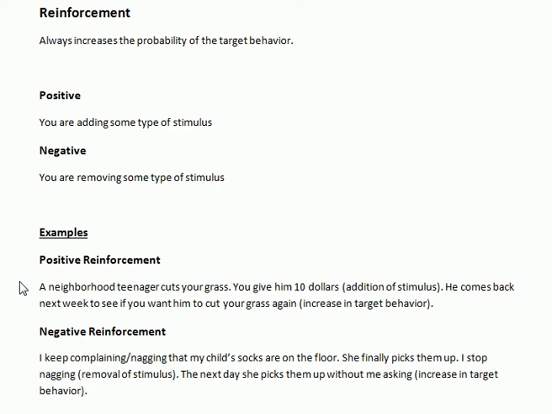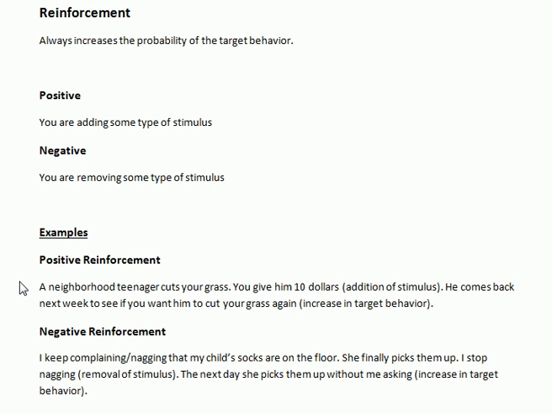They want me to remove the stimulus of nagging. And I want them to increase the target behavior of picking up their socks. So let's hope that the next day, just to avoid me nagging them, they pick up their socks. So that would be an example of negative reinforcement.